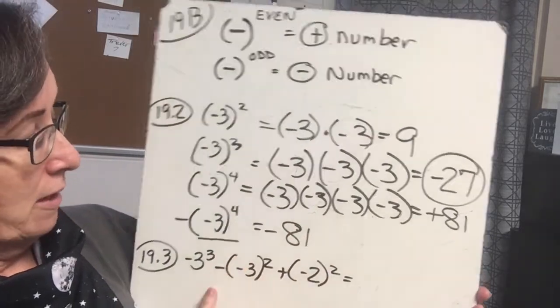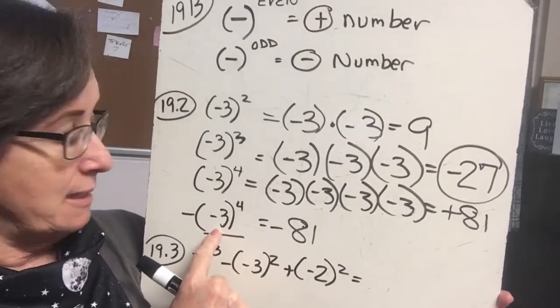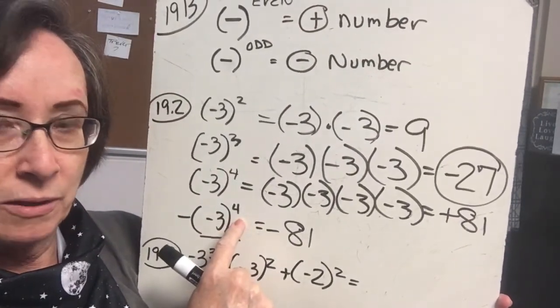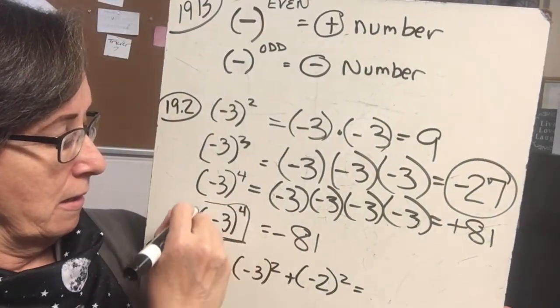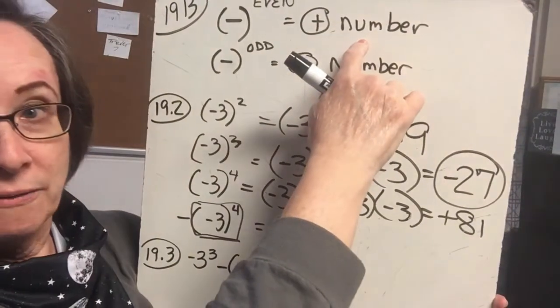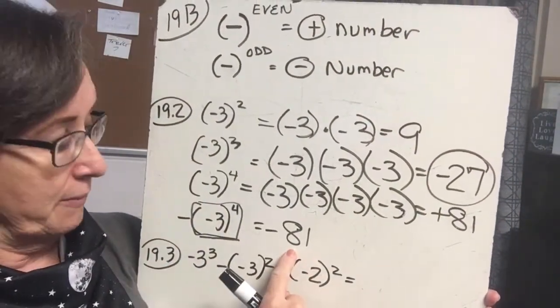Okay, so we had the negative base raised to an even power. So this part here was indeed positive, but then we took the opposite of that, so now it's negative.